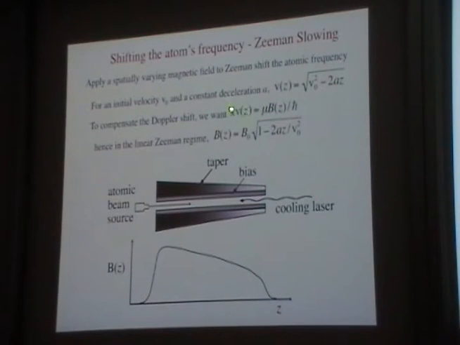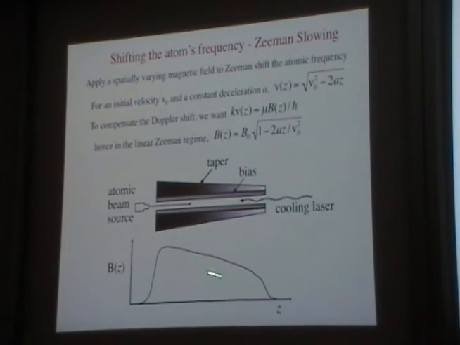And so all you want to do is make sure that you choose a magnetic field profile such that the Doppler shift of the slowed atom is compensated by a change in the magnetic energy, the energy level of the atoms due to the presence of the magnetic field. And so just by equating the Doppler shift with the shift in energy associated with the Zeeman shift, you find that you want a magnetic field profile that looks like this inverted parabola here.